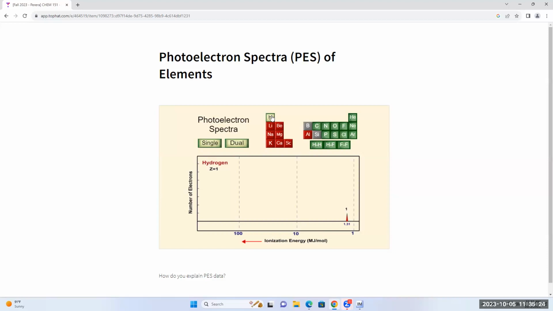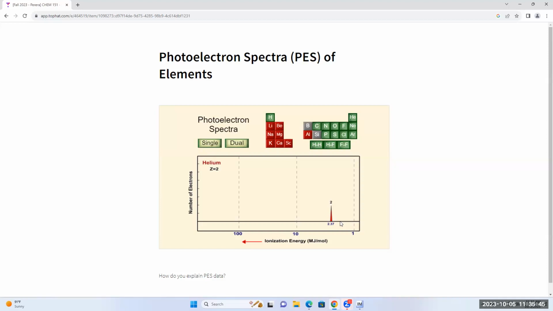But here's the difference. The ionization energies of those electrons will be greater now. Why? Helium has more protons in its nucleus. By the way, don't try to memorize the ionization energies. I have no clue what they are. I know that they increase.